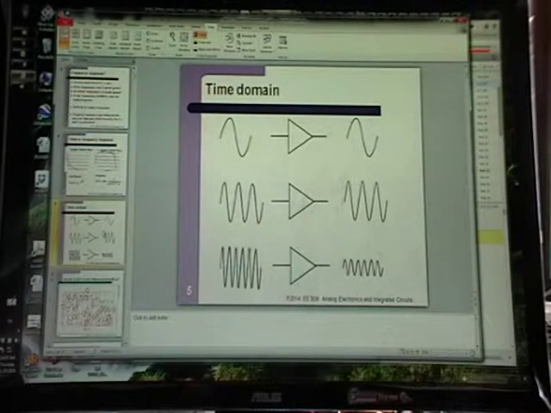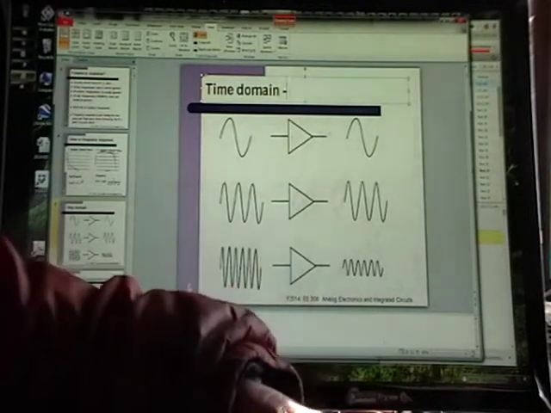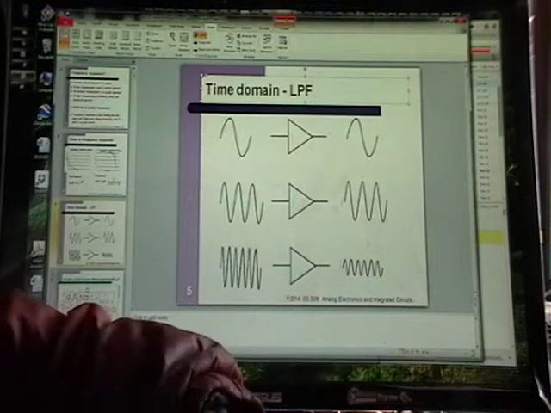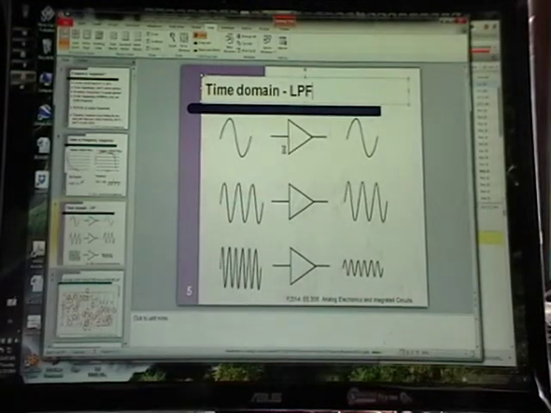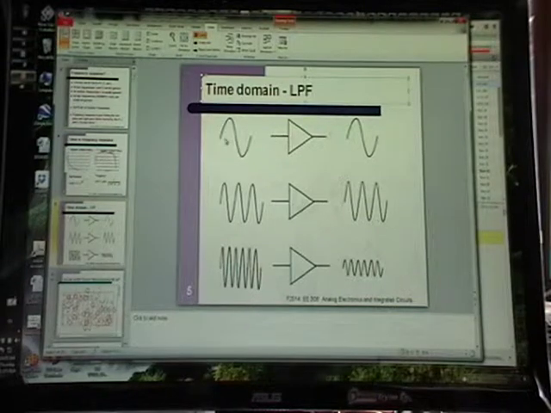Just generally, what a filter does is, let's say this is a low-pass filter. In the time domain, if this is a sine wave and it's kind of slow, it generally passes through with the same amplitude.